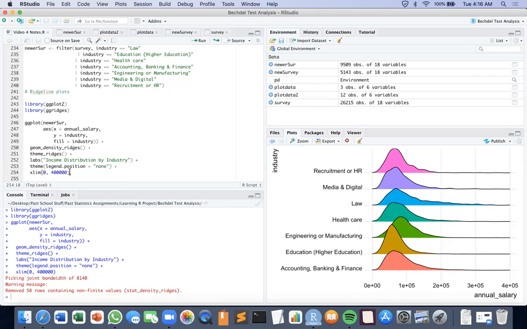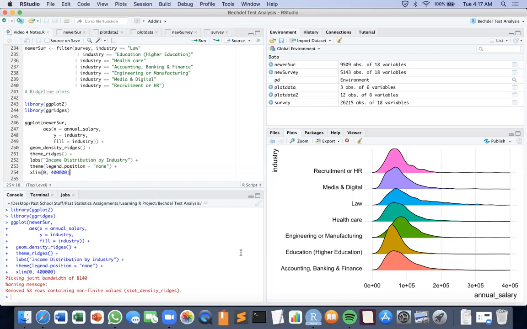I ended up going with salary and occupation. But you can use combinations of these different bivariate plots. You might have a scatter plot on one side where you have years of experience and income or salary, and you might have one of these on the other where you're comparing occupation and salary.